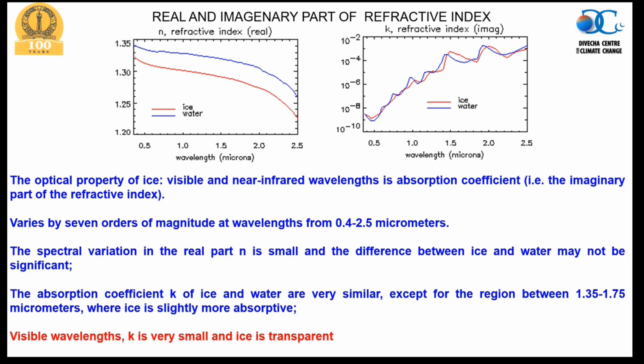That means it doesn't absorb any incoming solar radiation, and therefore you may not be able to separate between snow crystals and water crystals. The absorption coefficient K of ice and water is very similar, except in the region between 0.35 and 0.3 micrometers in this part of the electromagnetic spectrum.